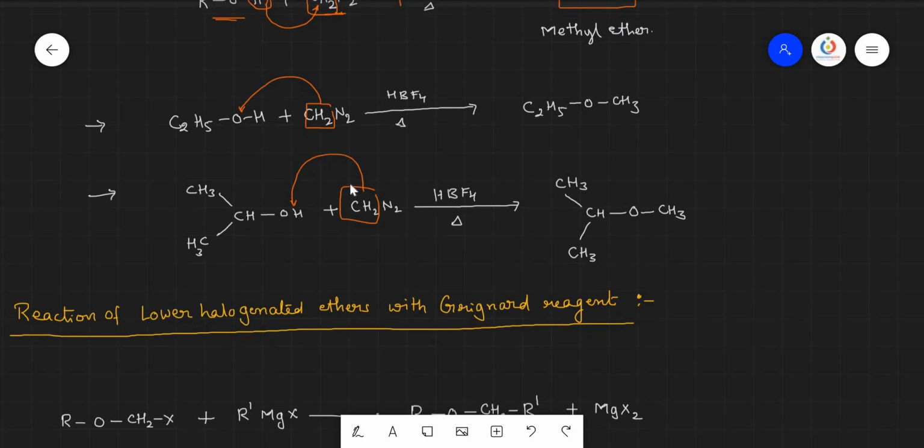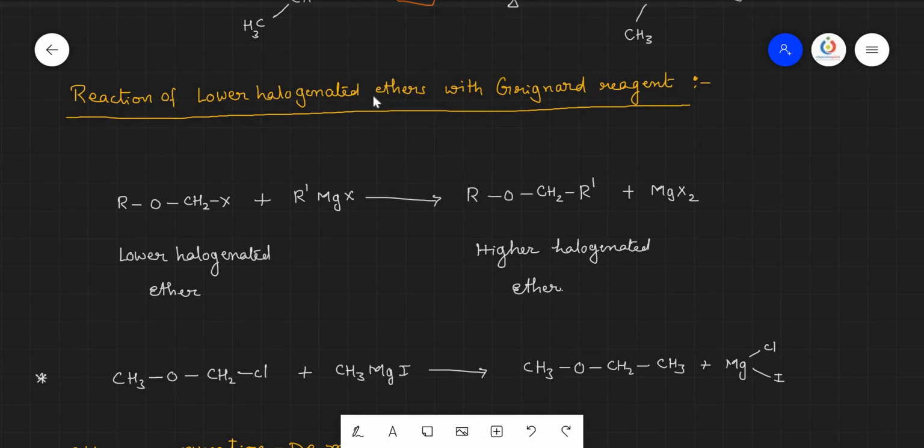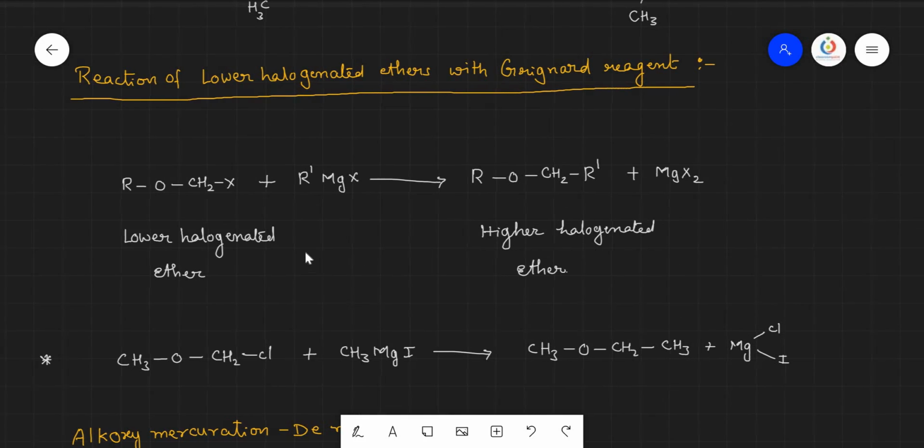And the next one is reaction of lower halogenated ethers with Grignard reagent. In this particular case, we take the lower halogenated ethers, and you will get the idea in the next video where we are going to discuss the chemical properties of ethers. So you will come to know how to prepare these lower halogenated ethers.